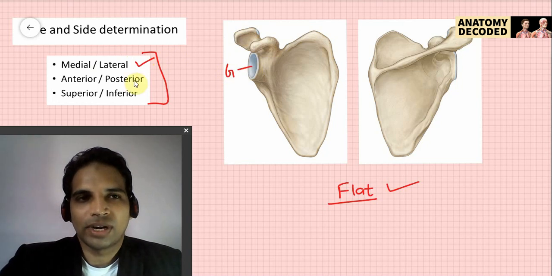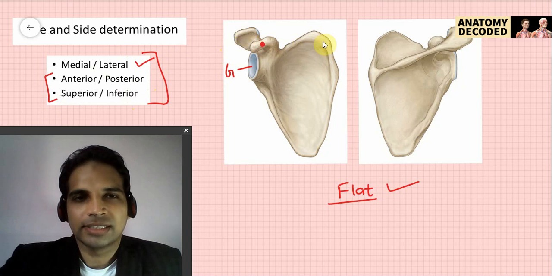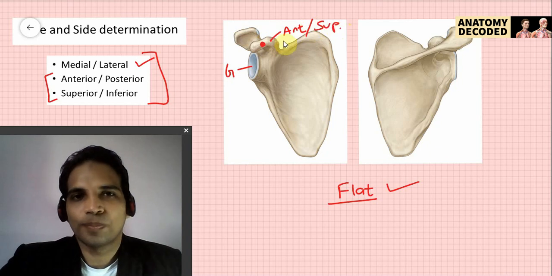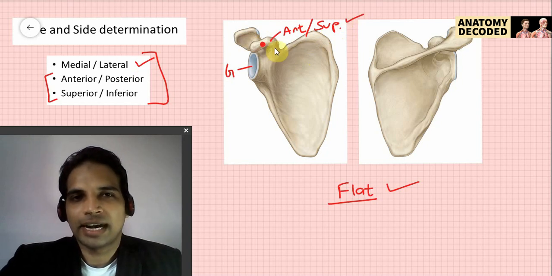For anterior posterior and superior inferior, these 2 dimensions we can cover with one part of the bone. This is the coracoid process. The coracoid process is facing anteriorly, and it is present on the superior aspect of the scapula. So that's how we can justify that this is the scapula of the right side.